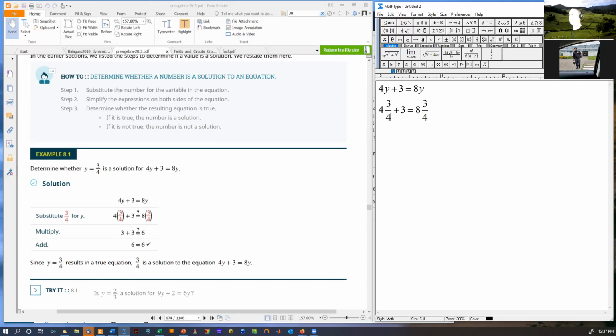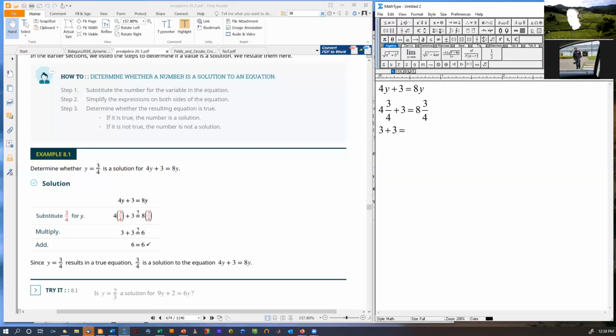We can just do this multiplication. The 4 in the numerator and the 4 in the denominator cancel, so this is just 3. We're left with 3 plus 3.